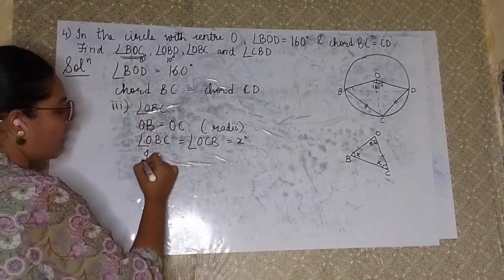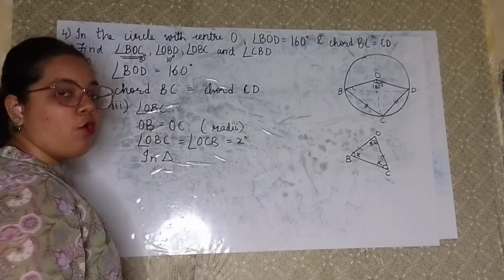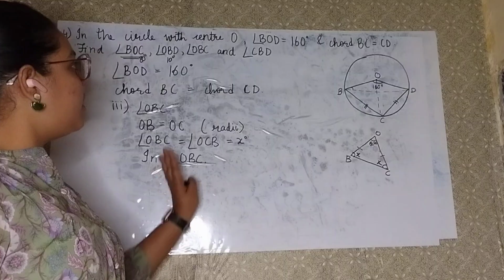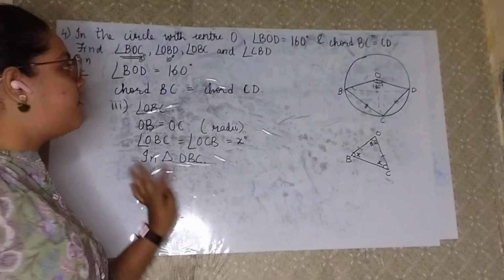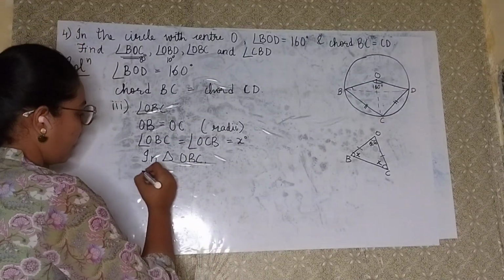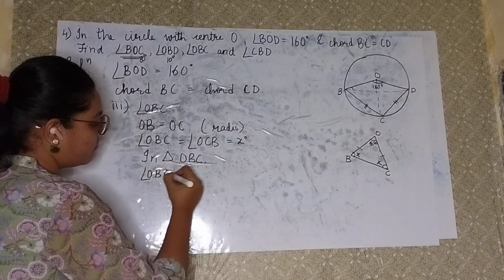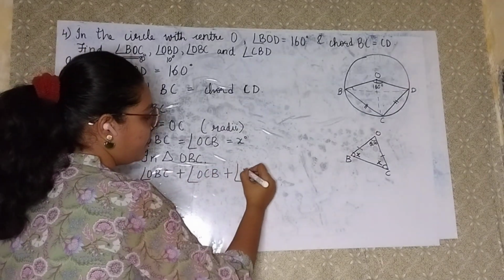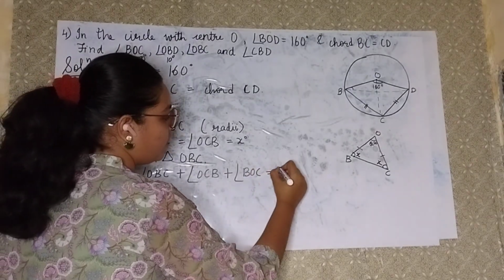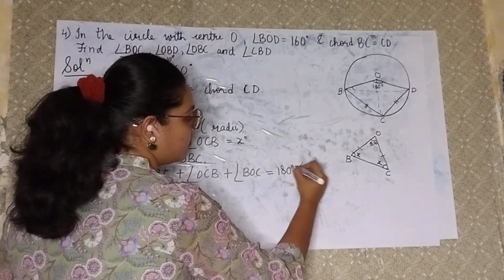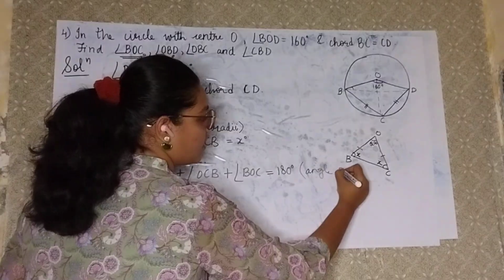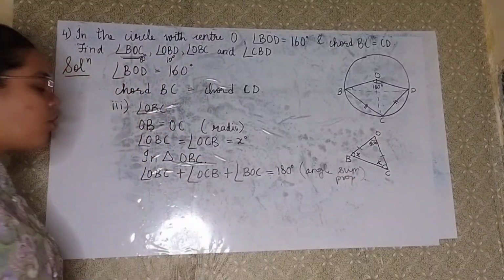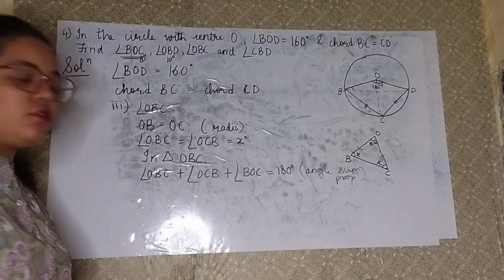Then in triangle OBC, this is similar to angle OBD, so we can find out easily. So angle OBC plus angle OCB plus angle BOC equal to 180 degrees, angle sum property. OBC is x, OCB is also x.